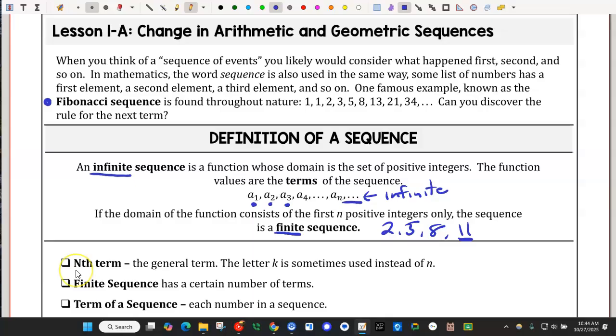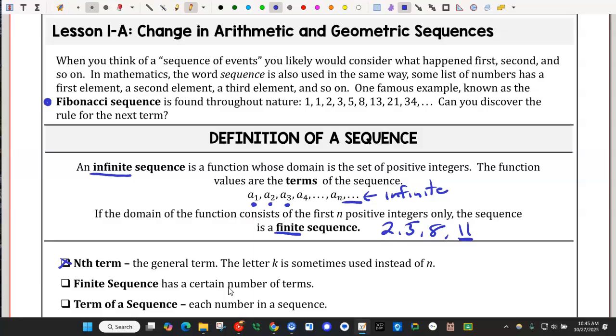All right, so a lot of this is going to be just language and how you write things down more than how difficult the problem is. So just be thinking about, well, this is similar to that, but we write it this way when we're talking about sequences. We usually talk about the first term, or the second term, the third term, the fourth term. The general one is the nth term.